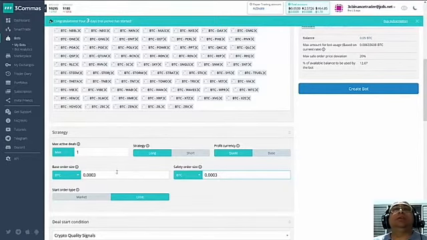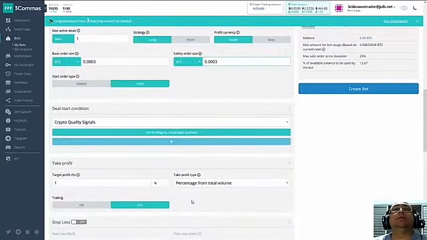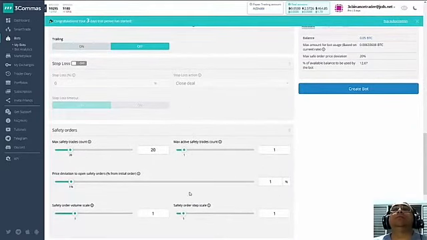And also I will adjust here the number of maximum safety trades. So I want to have only 5 safety trades. I will keep them all active. That means I want 3commas to reserve the funds for my trades.